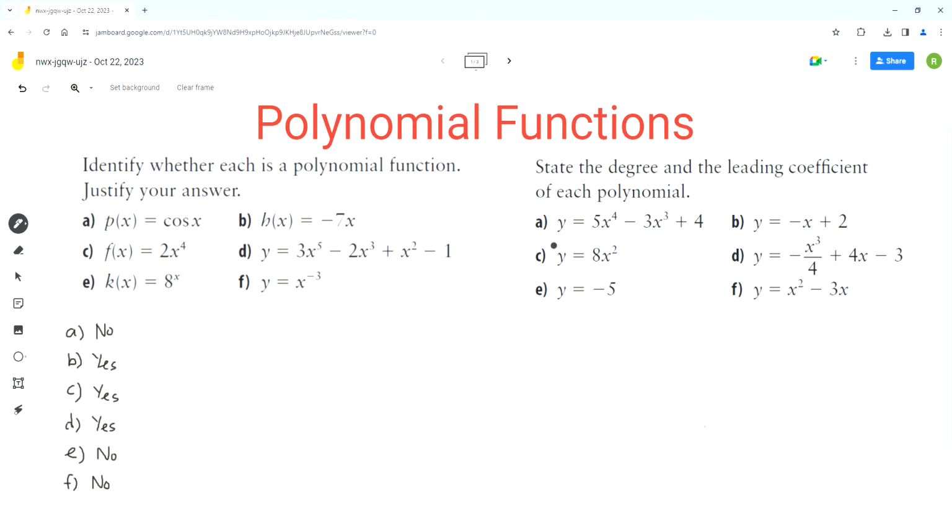So now we can answer the second question. It states: state the degree and the leading coefficient of each polynomial. Let's start with part A. The degree of a polynomial function is the highest exponent on the variable, or the x. In part A, the highest exponent is 4, so the degree is equal to 4.